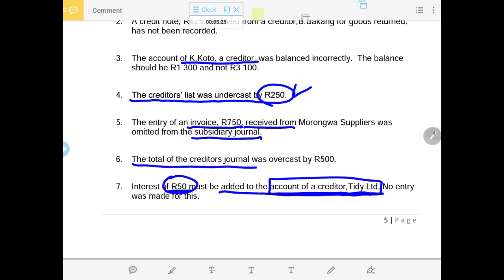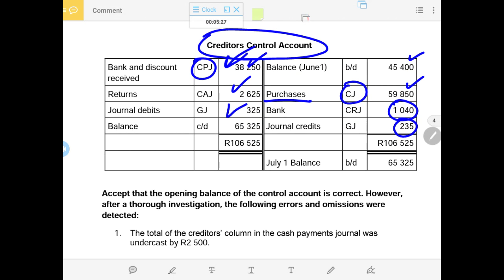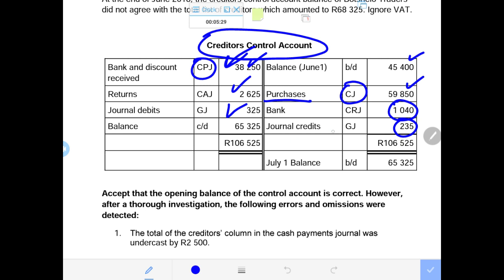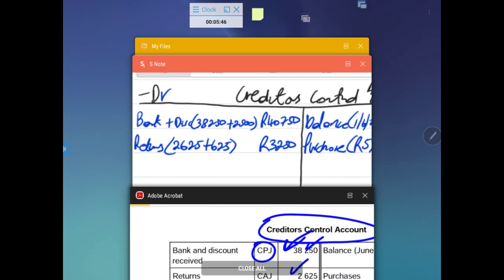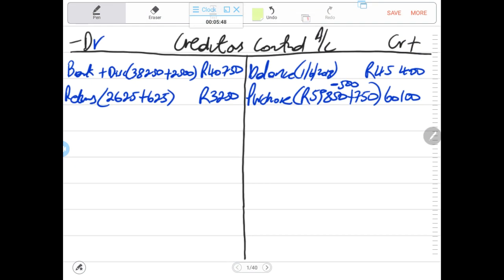We need to say creditors control, we have an interest here. So this is not a purchases journal, it will be our general journal. We need to say 235 plus the 50 Rand, because our total creditors need to reflect how much we owe to all our creditors. But let us do the correction of everything, reconciling everything.